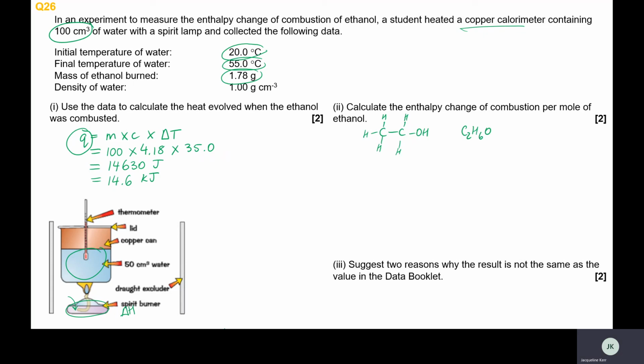If we add those all up from the periodic table, we get a molar mass of 46.08 grams per mole. So the number of moles of ethanol is 1.78 grams, and that was from the information given, over 46. Oh, I've done it again.